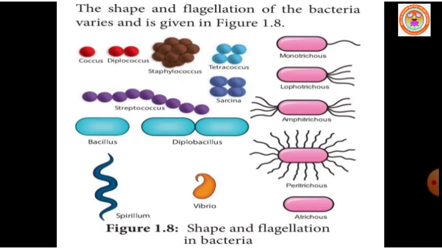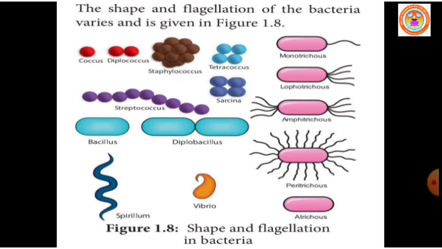Sarcina is a method by which bacteria arrange in fours. Streptococcus is cocci bacteria arranged in a chain-like structure. Bacillus is a rod-shaped bacterium; cocci are oval or round-shaped.